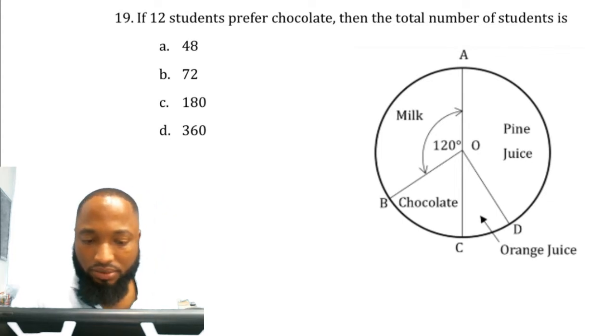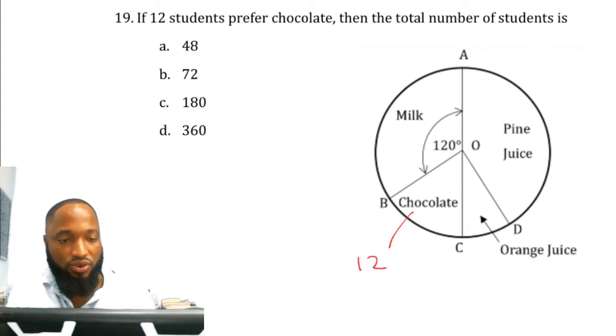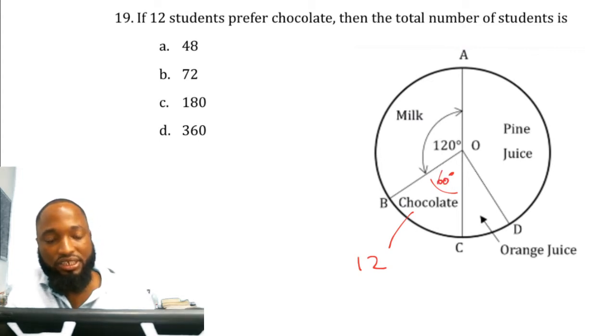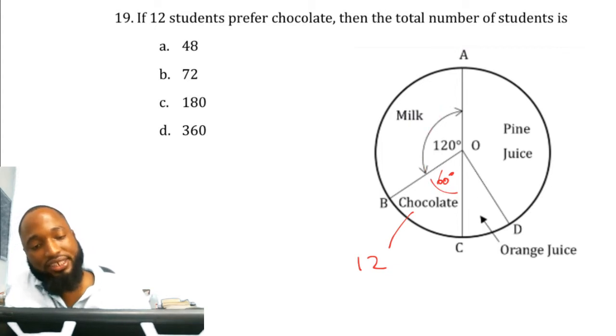19B, someone says. That was fast. If 12 students prefer chocolate, how many students in all? Yeah, that's correct. So the 12 students prefer chocolate, right? You could figure out that this is 60 degrees because remember they said AC is a diameter. AC goes straight through, so this is 180, so we can know that this is 60 degrees.